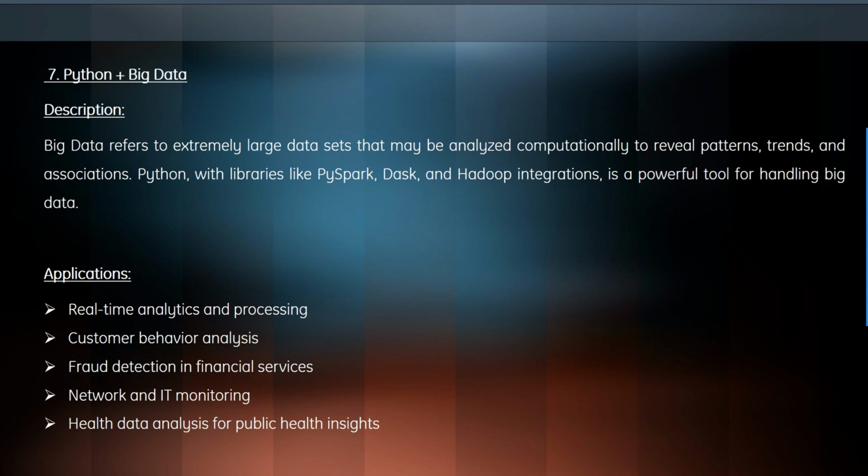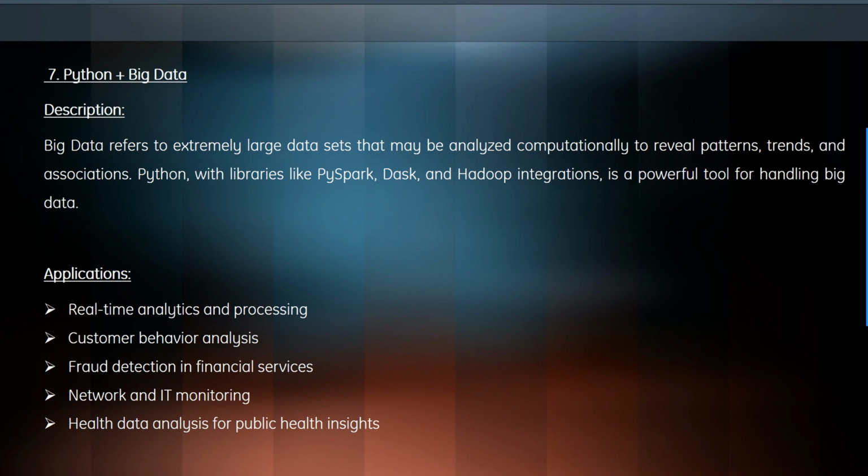Moving on, we have Python plus big data. Now, what is big data? Big data refers to extremely large data sets that may be analyzed computationally to reveal patterns, trends, and associations. Python with libraries such as PySpark, Dask, and Hadoop integrations is a powerful tool for handling big data.